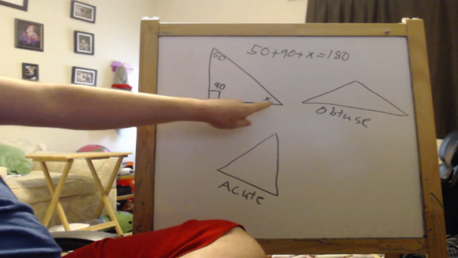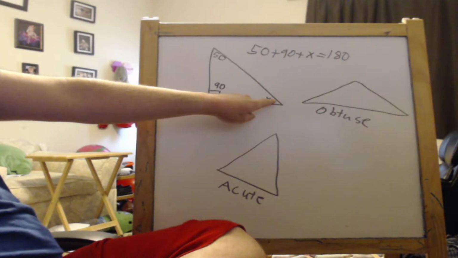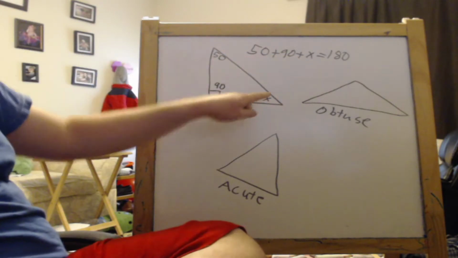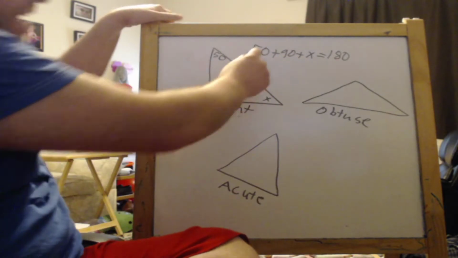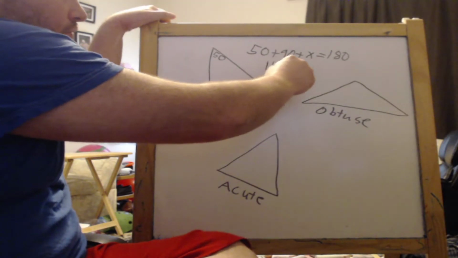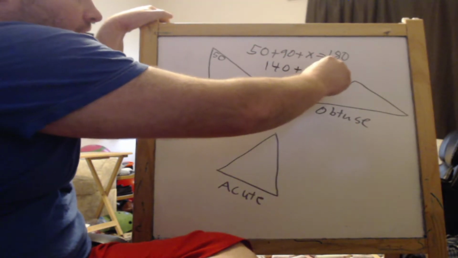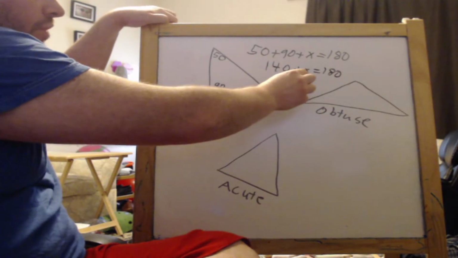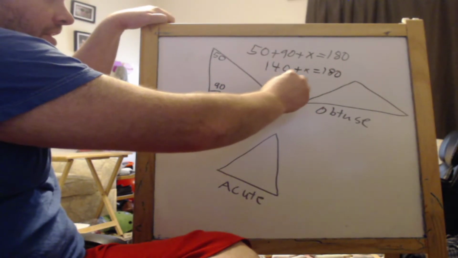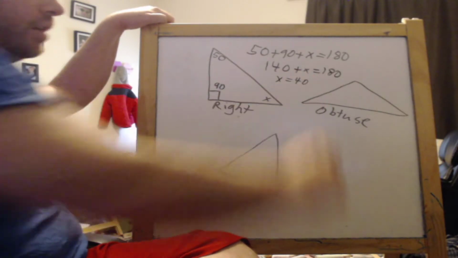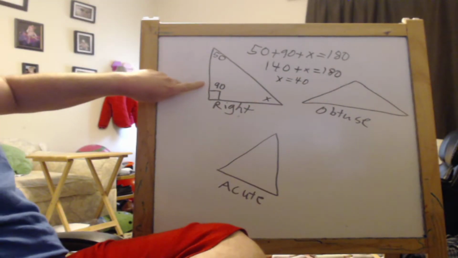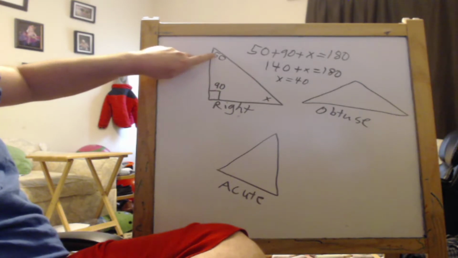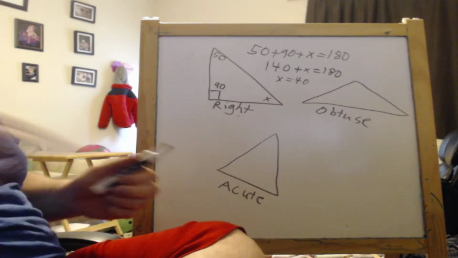Okay? So the X here, we can figure out what it is by just adding these up. That would be 140 plus X equals 180. And I know that 140 plus 40, so X has to equal 40. Okay? So I just want to point out that all three angles have to equal 180.